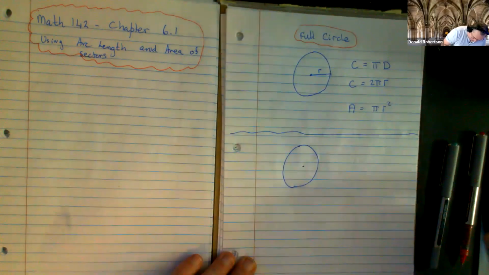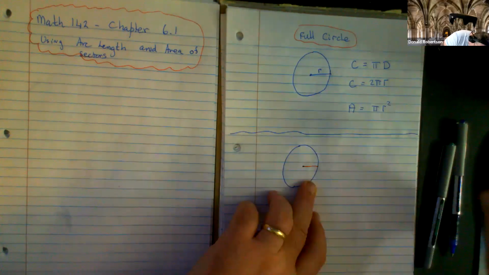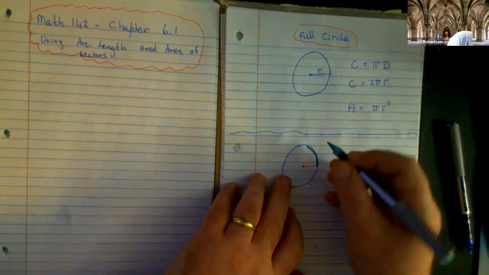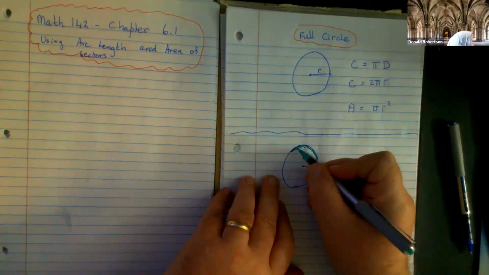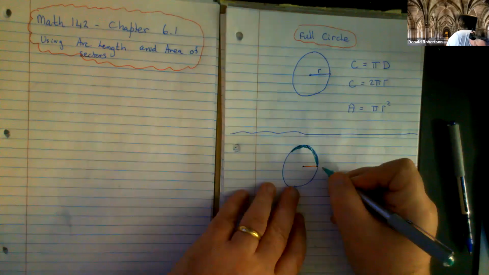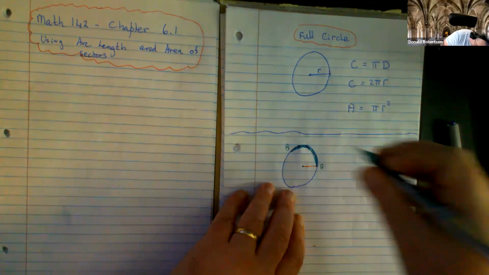Let's imagine that I had a circle, and I go from here, but I don't do the whole circle. I'm only interested in this bit from here to here, right? From A to B.